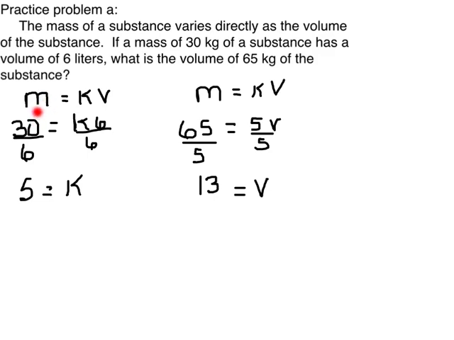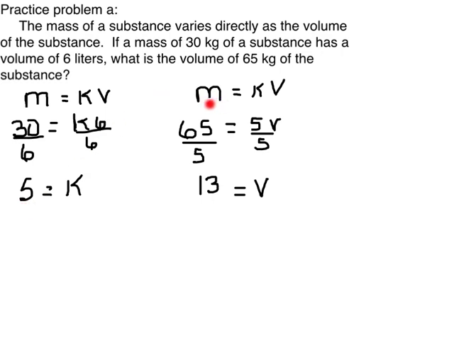So we have mass equals a constant times volume. The mass in this first instance is going to be 30, and the volume is 6. So we divide by 6 on both sides, and we find that our constant then is 5.